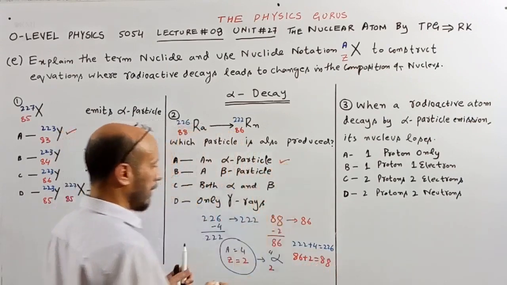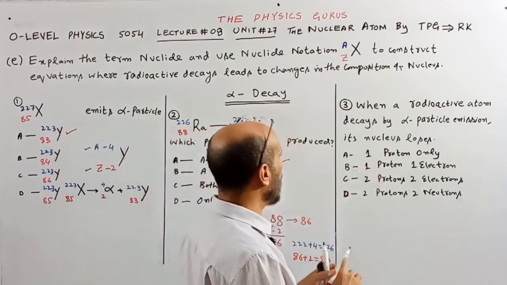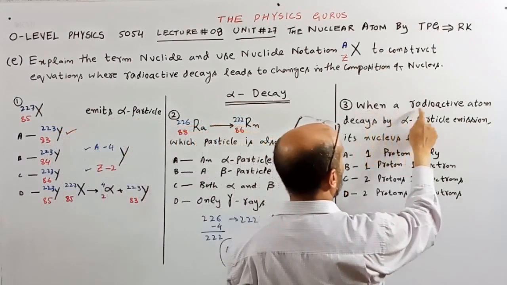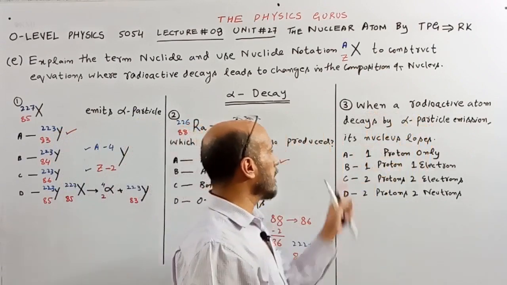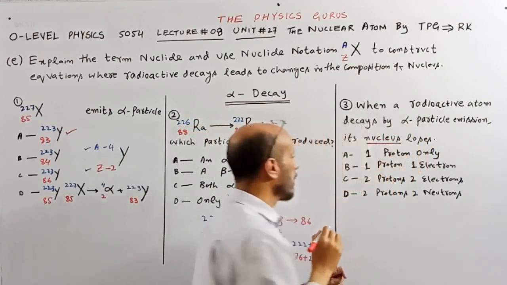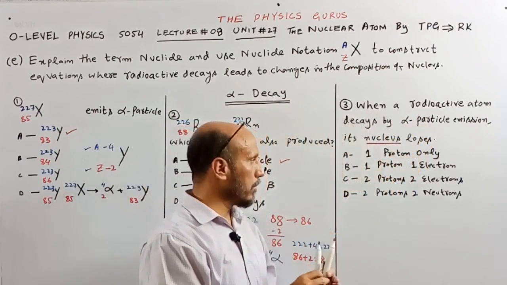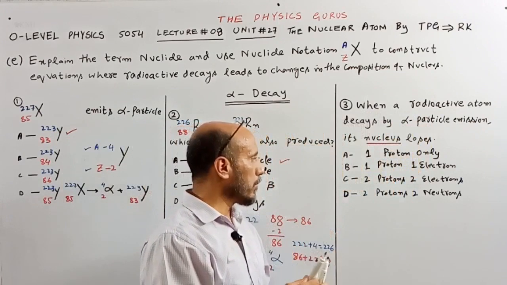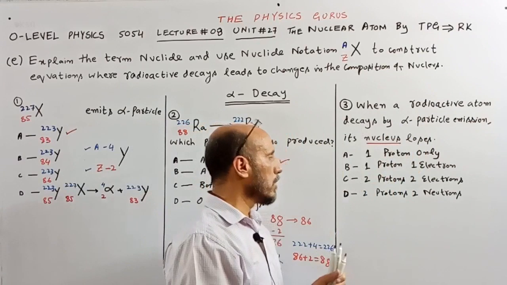An alpha particle. In question number 3, it is being asked: when a radioactive atom decays by alpha particle emission, its nucleus, and this is the very important word, its nucleus loses 1 proton only, 1 proton and 1 electron, 2 protons and 2 electrons, or 2 protons and 2 neutrons.